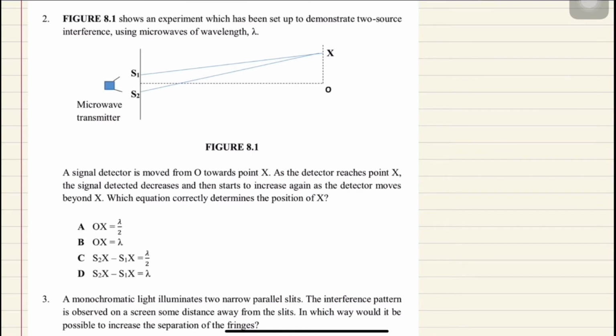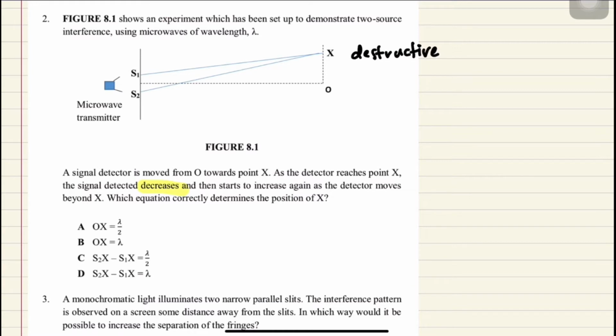For question 2, it says that figure 8.1 shows an experiment which has been set up to demonstrate two source interference. The signal detector moves from O towards point X, and as it reaches point X, the signal detected decreases. Decrease means destructive interference. Why is this called interference? Because this is a Young's double slit.